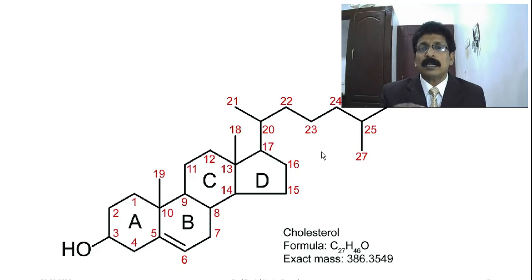So see, cholesterol has 27 carbon atoms, 46 hydrogen, and an OH group is present in the 3rd position.